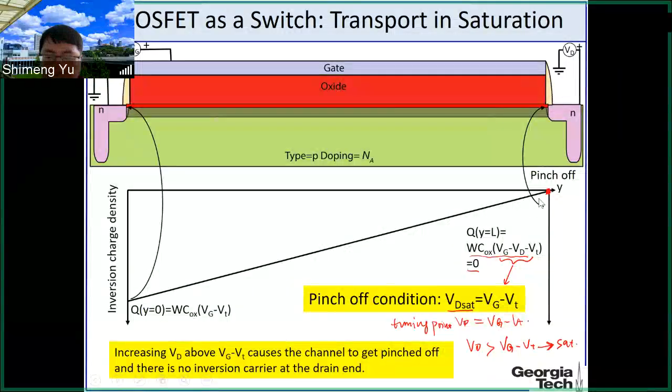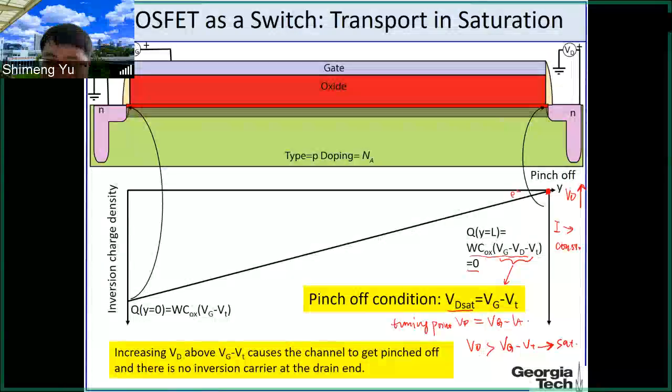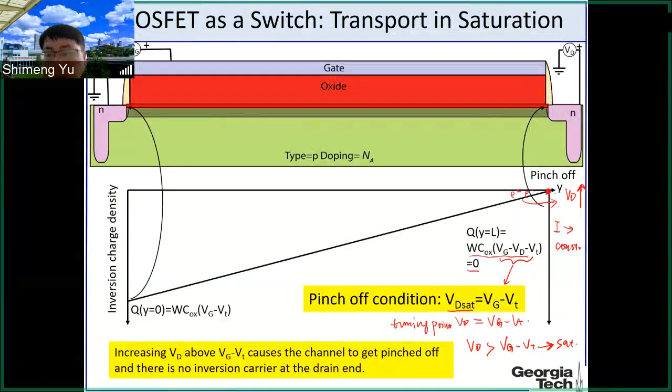The reason is that now the electron density goes to 0, but still the current is flowing continuously. As you further increase Vd, the current will no longer increase. It's like a constant above this turning point. Why is that? Because you need the electrons to be collected by the drain.